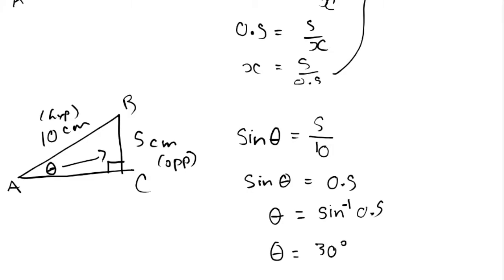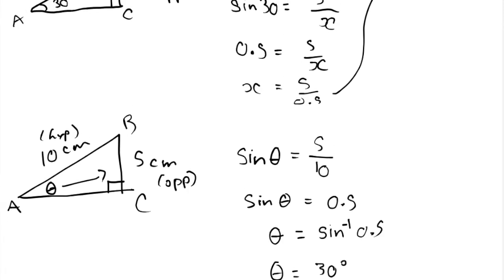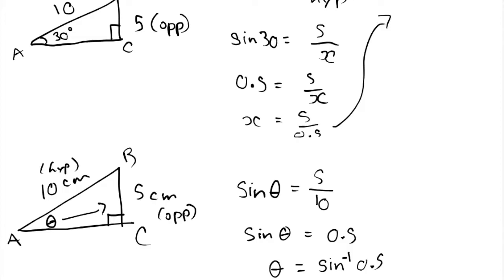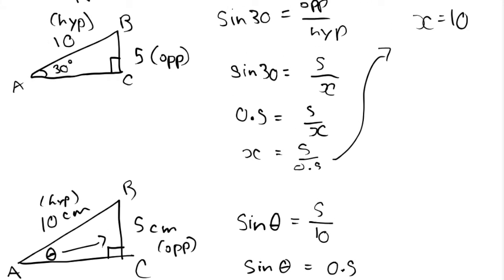Well, if you don't get theta is equal to 30 degrees, make sure that your calculator is in degrees and not radians, because you might get another answer depending on whichever mode it is set to. So that's the end of the video, guys. I hope you learned something new about how you can solve different sides and angles of a triangle using the sin, cos, and tan ratios.